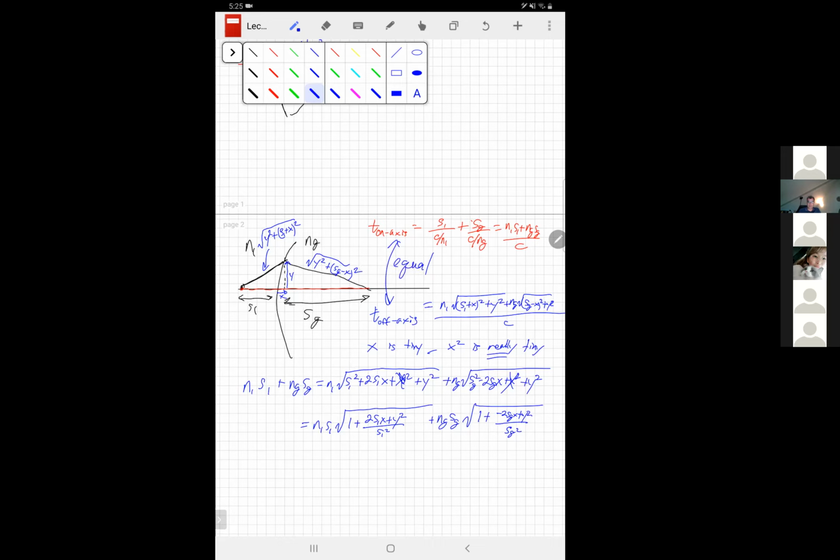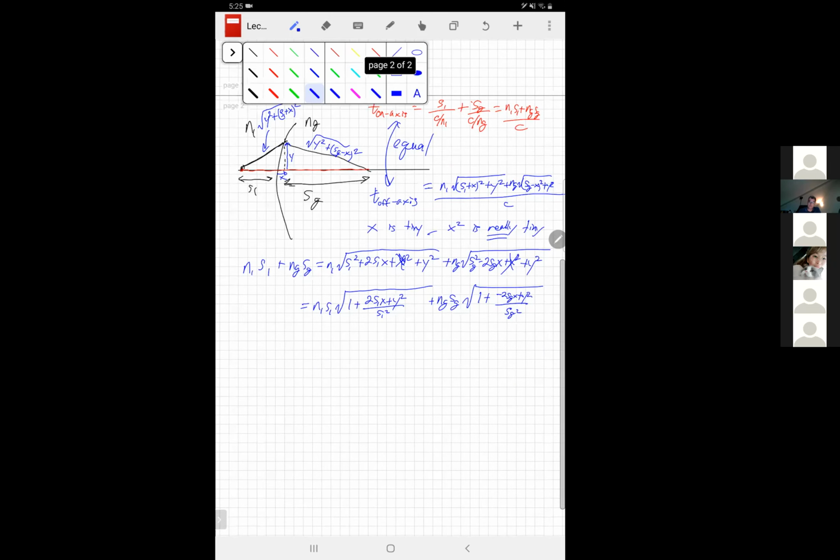Well, now I've got the square root of 1 plus a comparatively small quantity, because however big x and y are, S1 is much larger. So what would you think we're going to do next? Small quantities. What do physicists like to do when we have a messy function of 1 plus a small quantity?